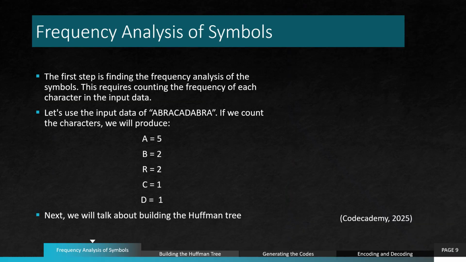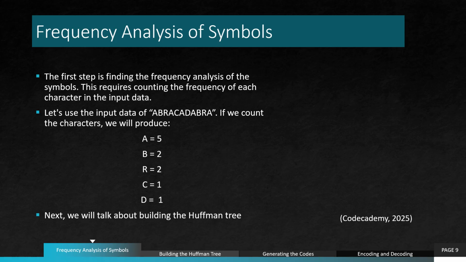Frequency analysis of symbols. The first step is finding the frequency analysis of the symbols. This requires counting the frequency of each character in the input data. For this example, let's use the input data of abracadabra, ABRACADABRA.